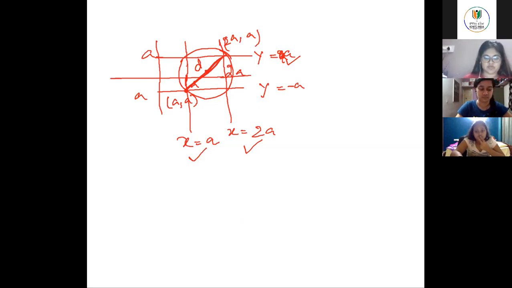The equation of the pair of tangents is. I think I have solved this question for someone.